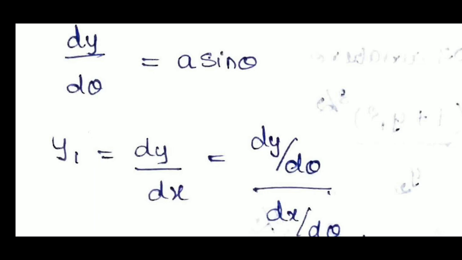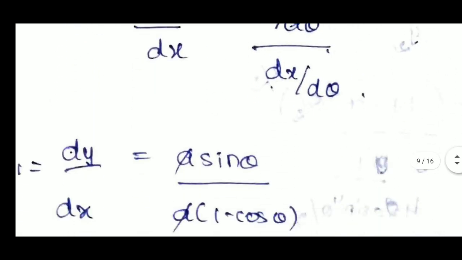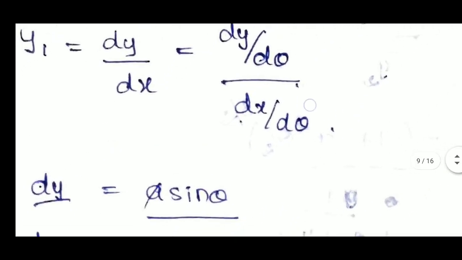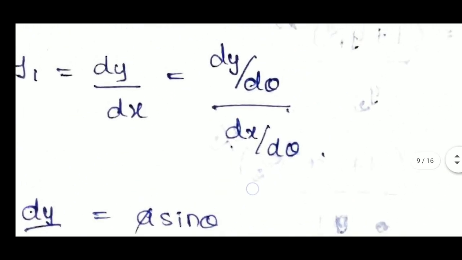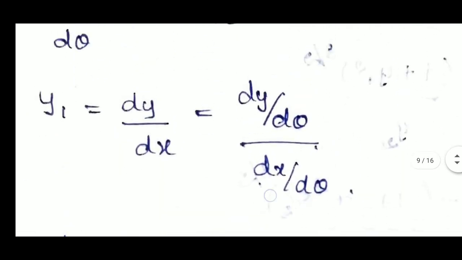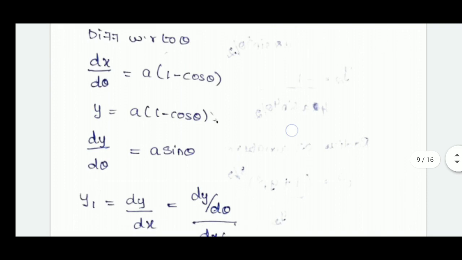y1 we can denote as the first differentiation dy by dx. Dy by dx can be written as dy by d theta divided by dx by d theta. So y1 equal to dy by dx equal to, instead of dy by d theta we write a sin theta, and instead of dx by d theta we write a into 1 minus cos theta.